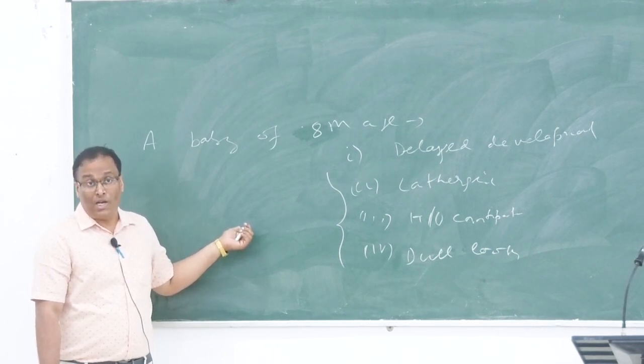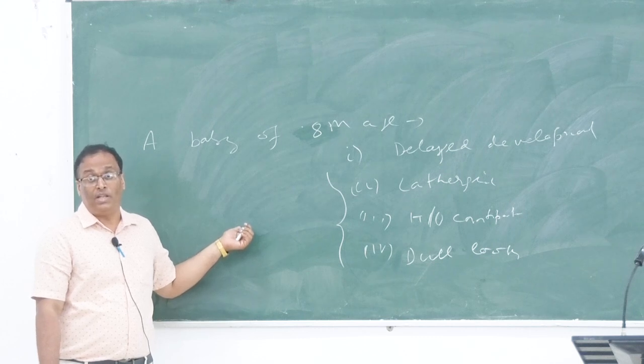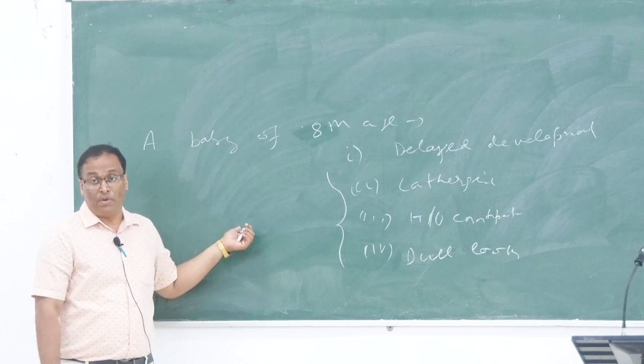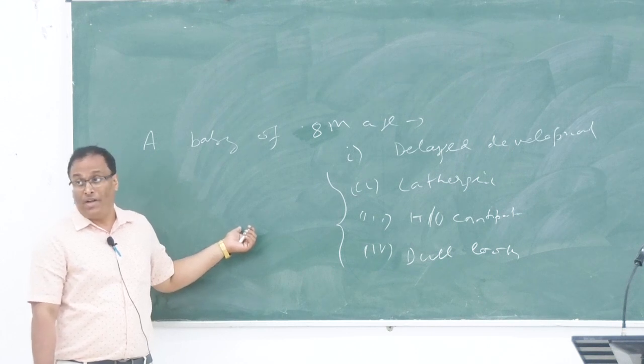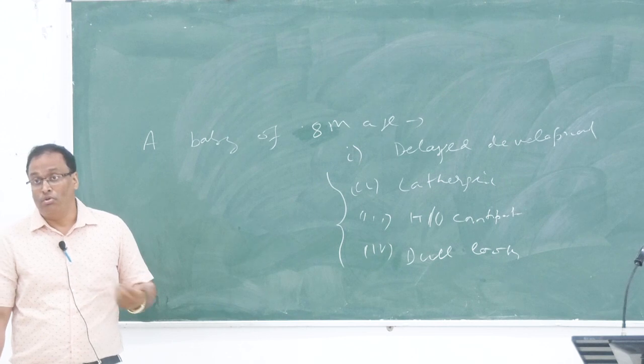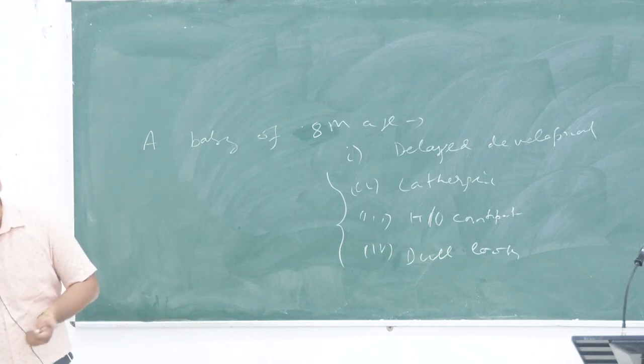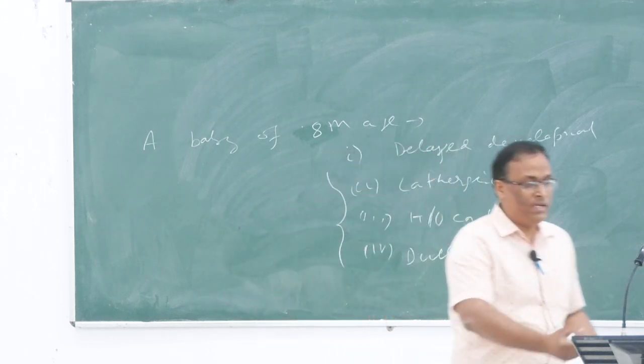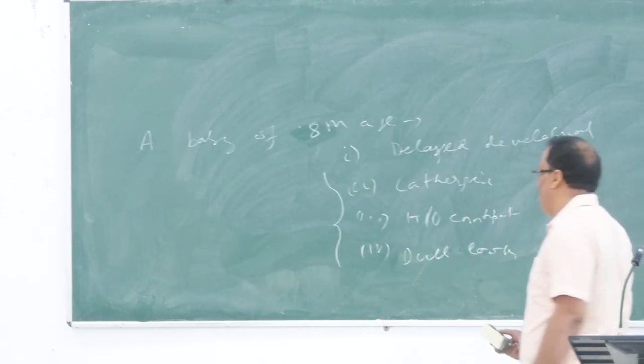So congenital hypothyroidism is a big entity, and the toughest job for us as child specialists, as pediatricians, is the big challenge of identifying congenital hypothyroidism very early. That means you have to keep in mind that there are some endocrine systems, some hormones.